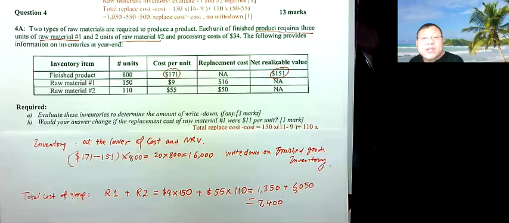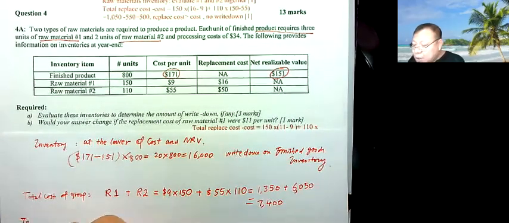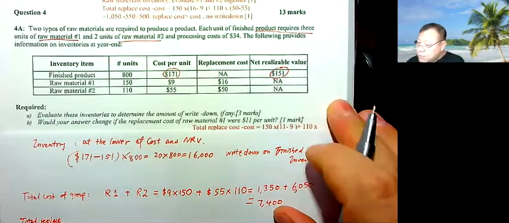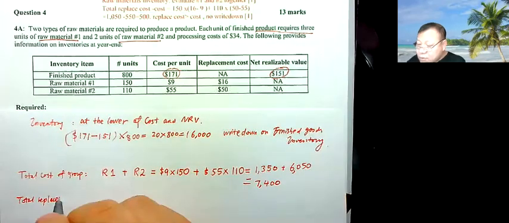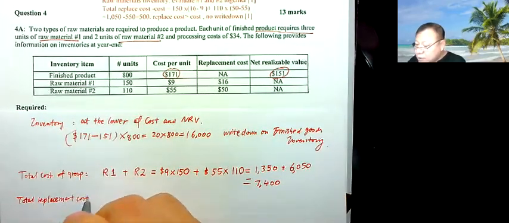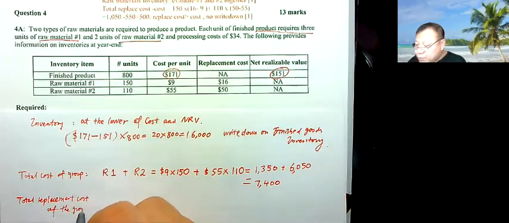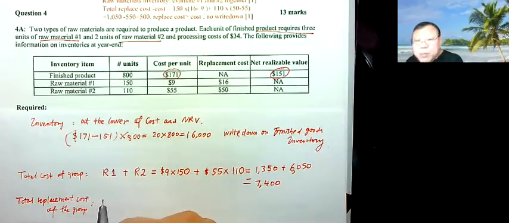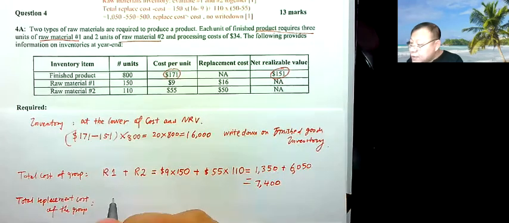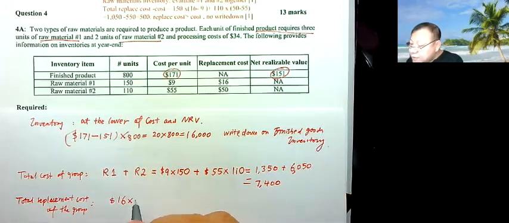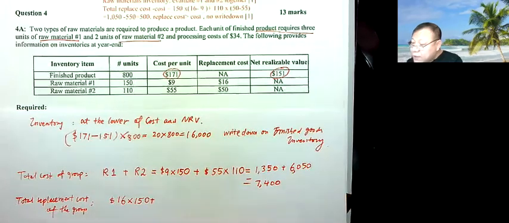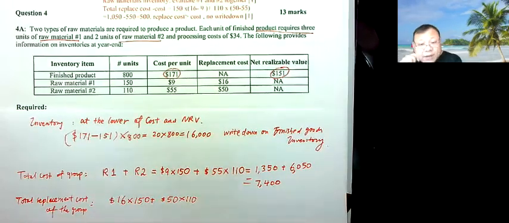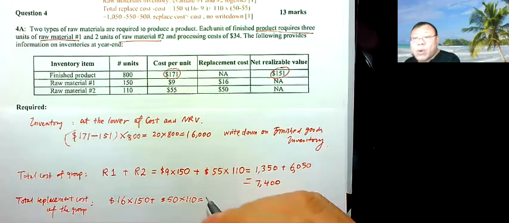I'm going to compare it with the total replacement cost of the group. So for the replacement cost, raw materials 1 is $16 times 150, and for raw materials 2 is $50 times 110.